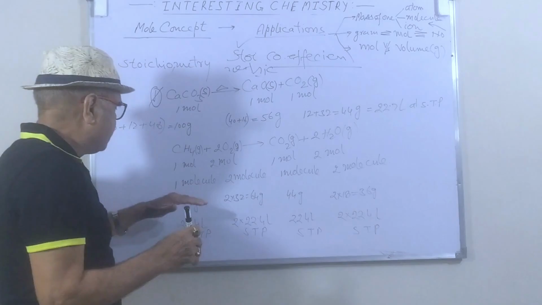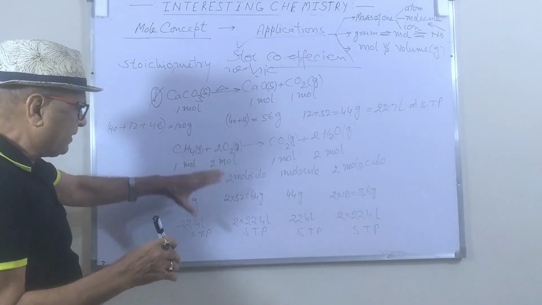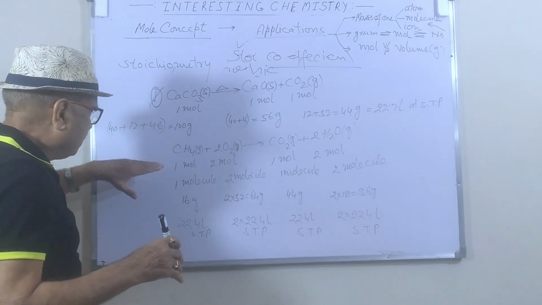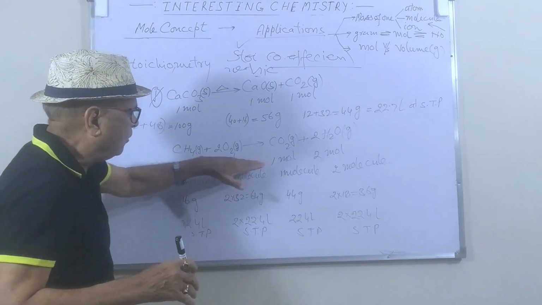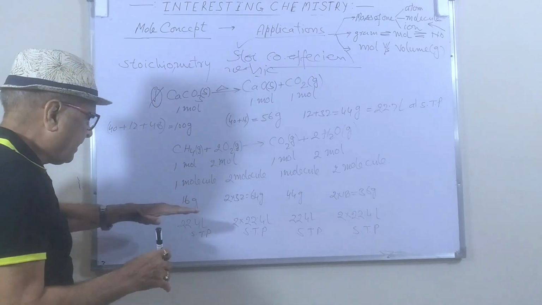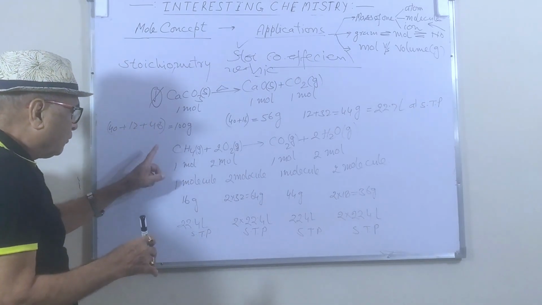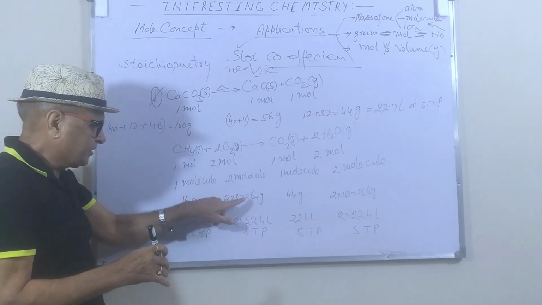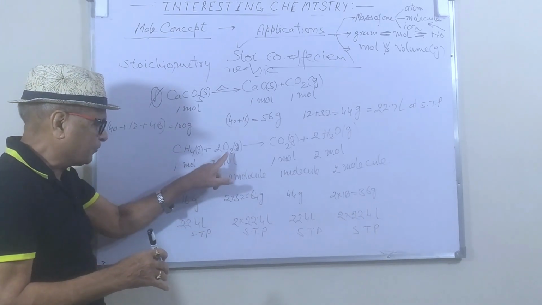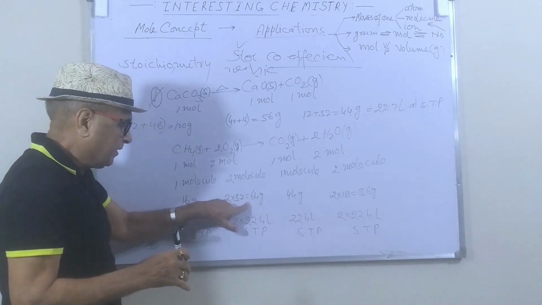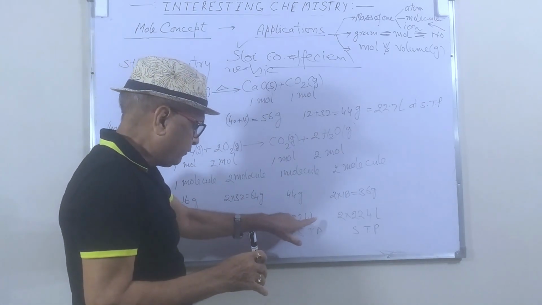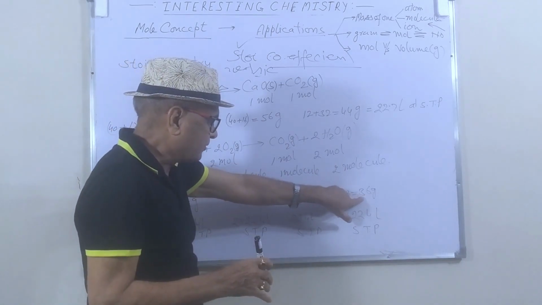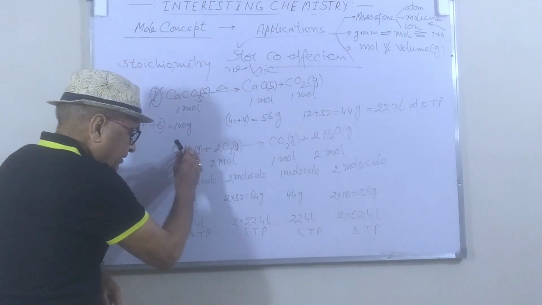And now you can get so many pieces of information from this equation, in mole to mole terms. When 1 mole of methane is heated with 64 gram of oxygen, then we will get 22.4 liter of carbon dioxide and 36 gram of water.